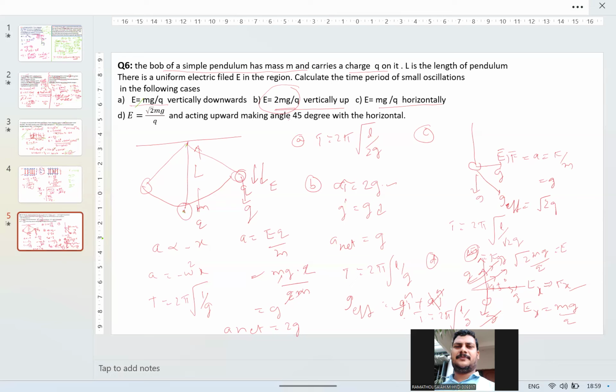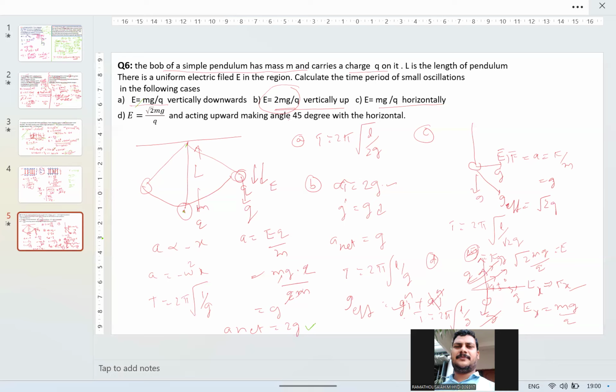Now four different cases are given, with how much electric field and in what direction. Because of the electric field, the body gains additional acceleration, not only g. So now you have to find the net acceleration. In the first case, the field is downwards, and a charge is given; it is not mentioned whether positive or negative, so we take positive.